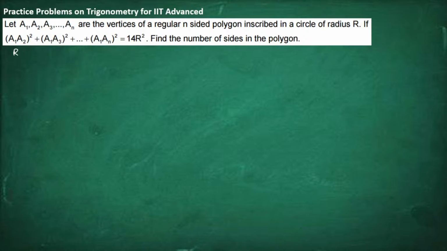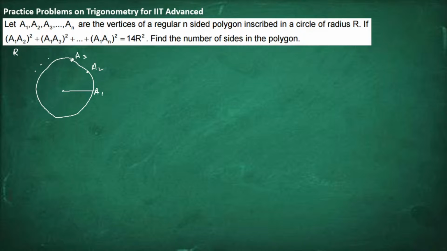Here they have said that A1, A2, A3, AN are the vertices of a regular n-sided polygon inscribed in a circle. So let me draw a circle. Now A1, A2, A3, these are the vertices of a regular polygon.